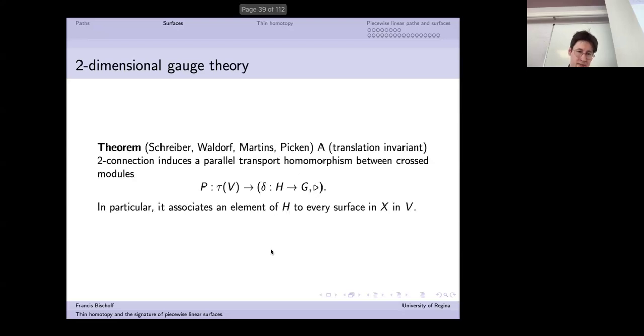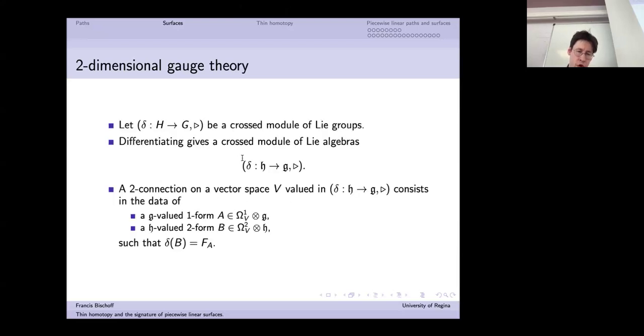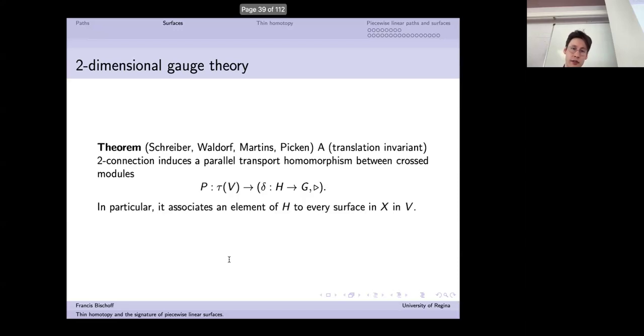Okay, so these give you the correct notion of two-connections, and then you can take their parallel transport along paths and surfaces. This is a theorem that's due to many people, in particular Schreiber, Waldorf, Martins, and Picken. I'm giving you a translation invariant version, but there's a more general version.